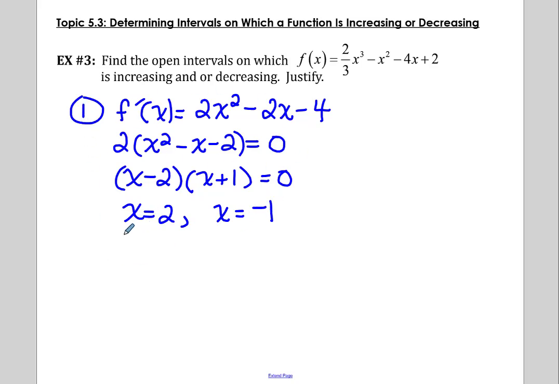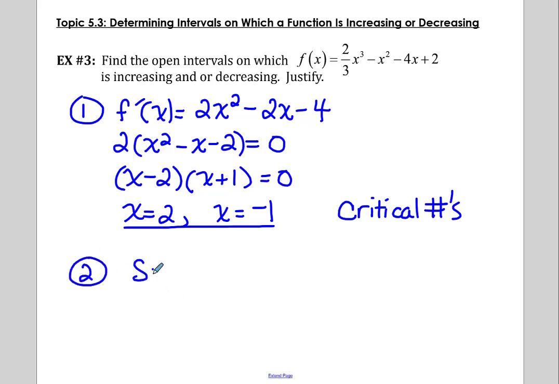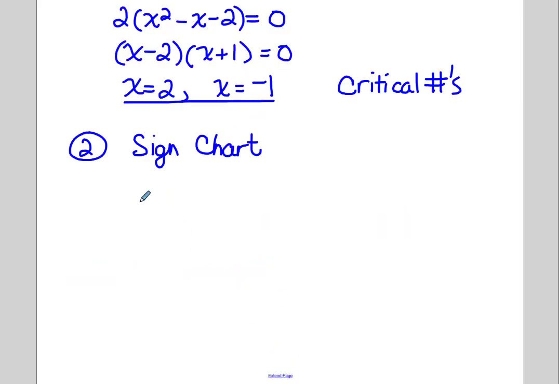So I'm going to take these critical values, these are my critical points or critical numbers, and I'm going to use those critical numbers in a sign chart. And that'll kind of help me keep my brain organized for the behavior, what's happening on that function, on its domain.